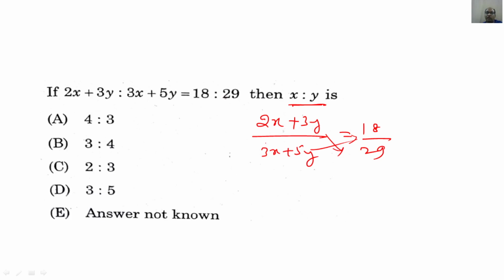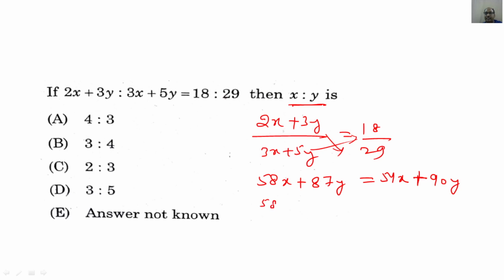So 29 into 2, that is 58x plus 29 into 3, 87y is equal to 18 3 are 54x plus 18 5, 90y. Okay, now let us bring x and y one side.